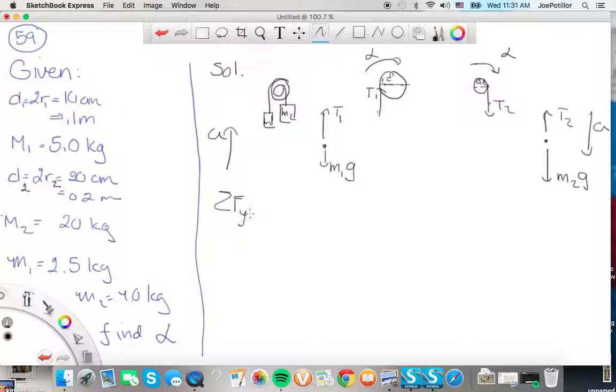So the sum of forces in the y direction will be T1 minus M1G. Why? Again, because the tension is pulling the weight. So it's important that you're able to see that. The tension in this case overcomes its weight, in the fact that it's going to be going this way. Now it's going to get stuck at the top, but whatever, no big deal.